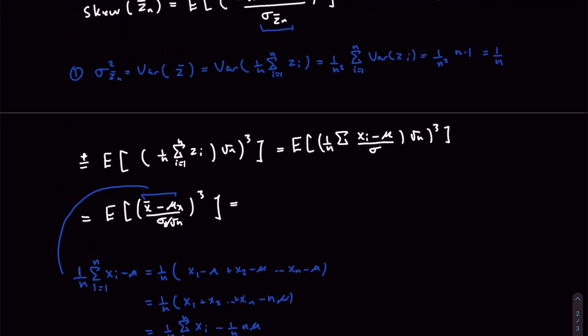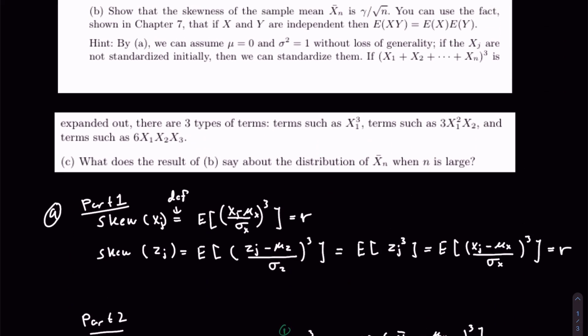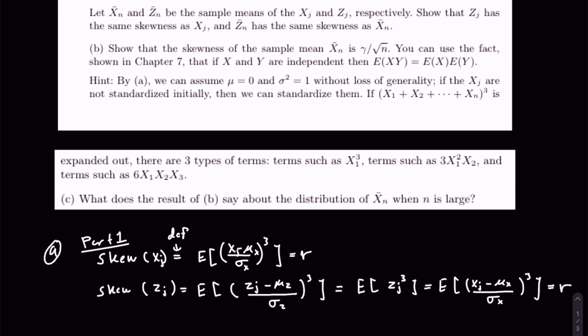So let's move on to the next part, which is B. And now we're going to show that the skewness of the sample mean is exactly gamma divided by square root of n, and we can use this fact that if two random variables are independent, we can basically factorize their expectations in the following way.